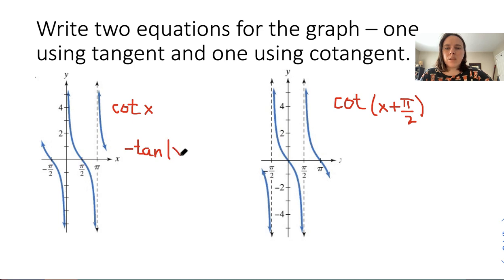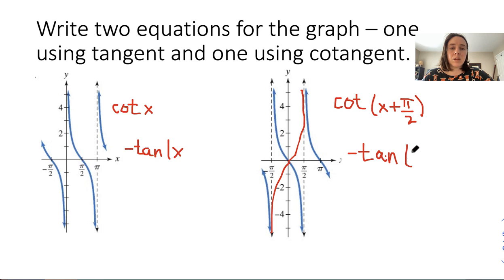However, tangent crosses at 0. Normally tangent looks like this. It starts at 0, goes up to pi over 2 and down to negative pi over 2. So this graph on the right is exactly negative tangent, because all we did was flip it across the x-axis.